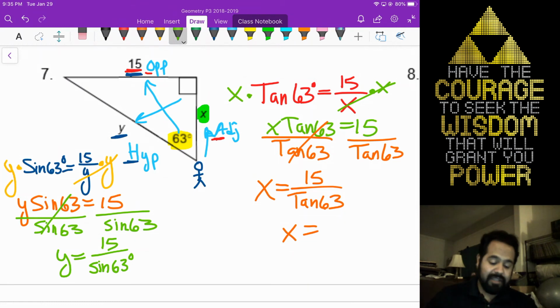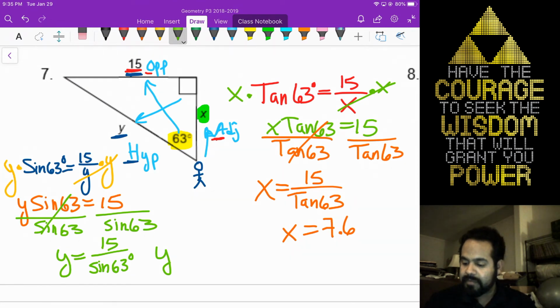So for the value of x, it looks like I'm getting 7.6. And it looks like for the value of y, if I could type this in, sine 63, I would get 16.8.